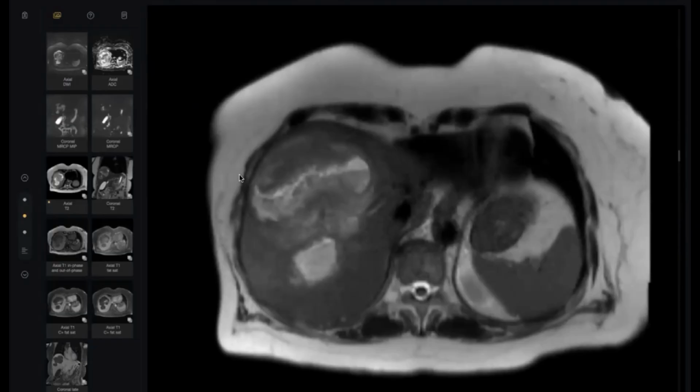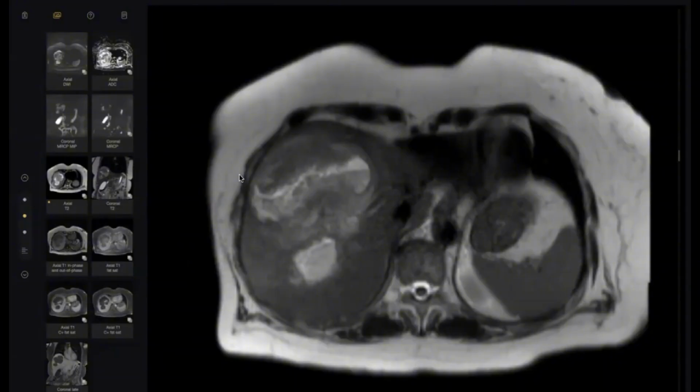I can see a fluid level within this lesion. There is no intrahepatic biliary dilatation, the liver surface appears smooth, and there is no nodularity or irregularity. The mass itself appears well circumscribed, and I can see a capsule surrounding it.